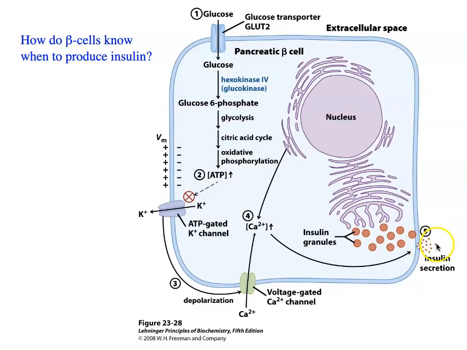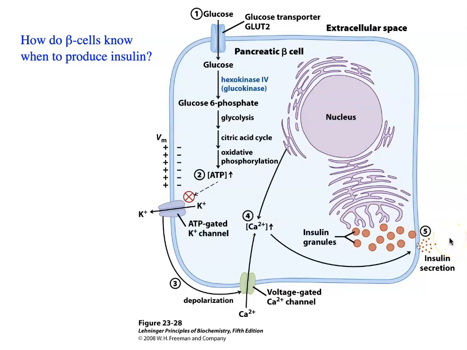They cannot fuse with the membrane so that they can expel their content outside the cell. But when calcium increases in the cytosol, it makes it possible for the granule membranes to fuse with the cytosolic membranes and for the insulin content to be released.